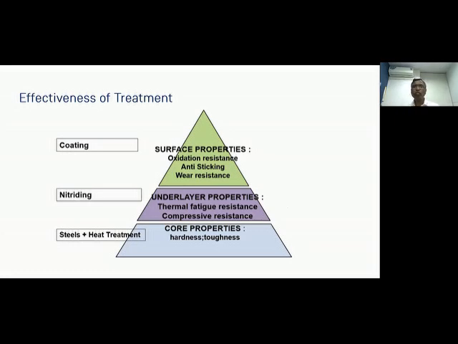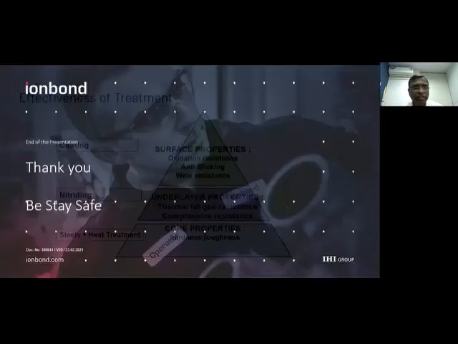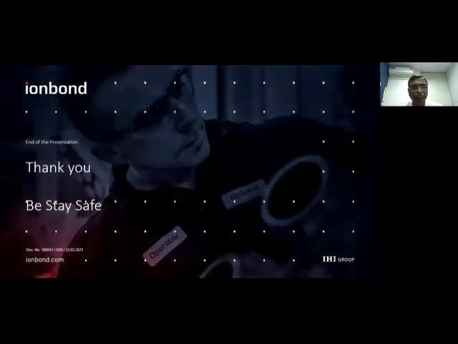With that, we need to concentrate on the core properties, as I mentioned, by choosing the appropriate steel and heat treatment, followed by surface treatment, and then the appropriate coating for that particular application. Then we will be through with respect to what we are looking for in terms of quality, cost or environmental safety. With this, I will close my talk, and now we can discuss the questions.